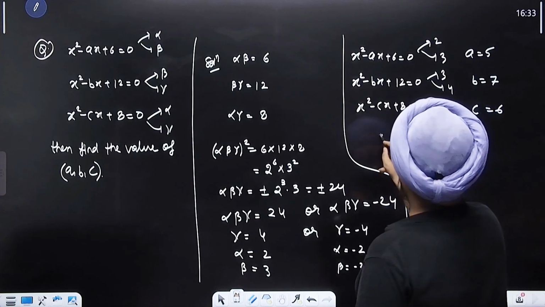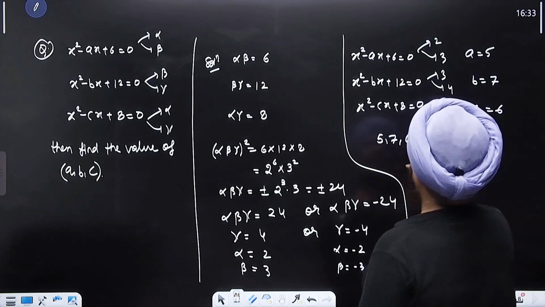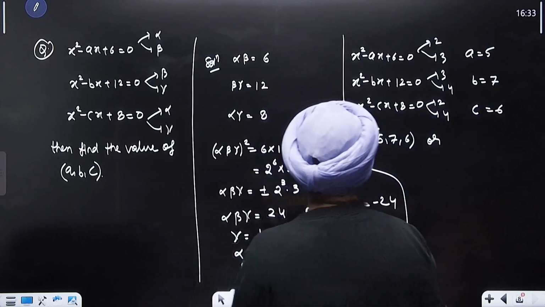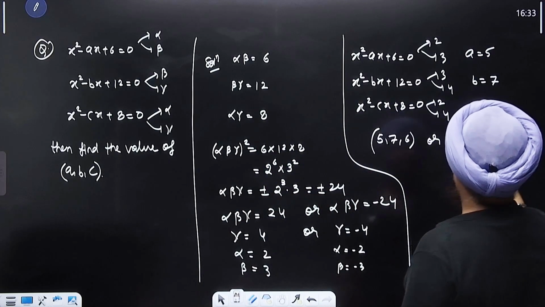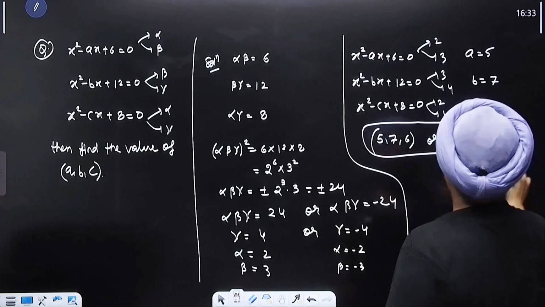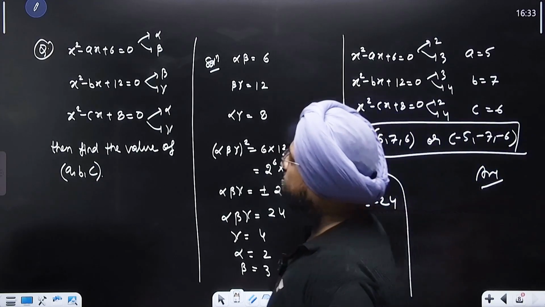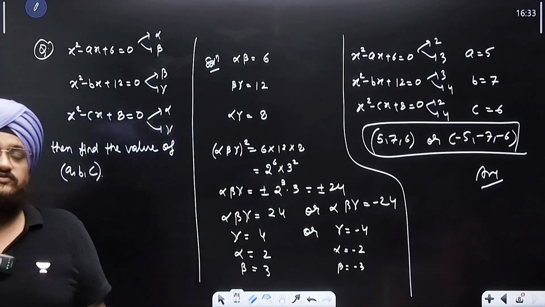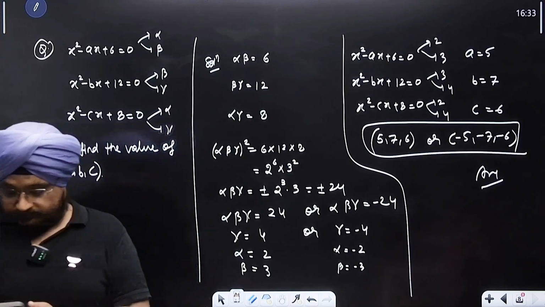So the ordered triplet a, b, c is (5, 7, 6). And for the negative values, a, b, c will be (−5, −7, −6) similarly. So there are two values of the ordered triplet a, b, c: (5, 7, 6) and (−5, −7, −6).